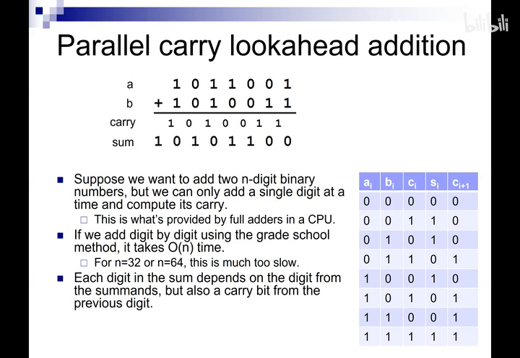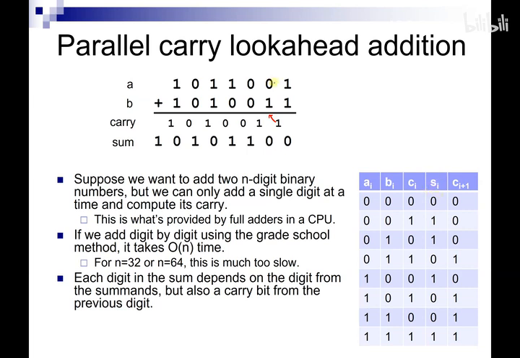First of all, on the right over here, I just wrote a truth table for what we're supposed to compute. Given the ith digit of A and the ith digit of B, suppose we also have a carry bit that is included in the ith bit. For example, this bit over here would be the carry bit for the second digit. Then we're supposed to output this sum bit.